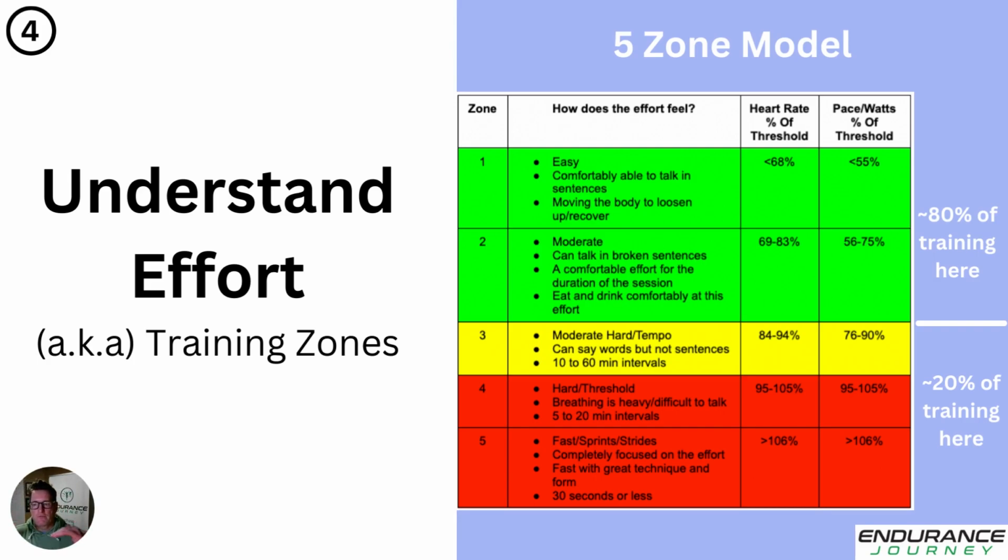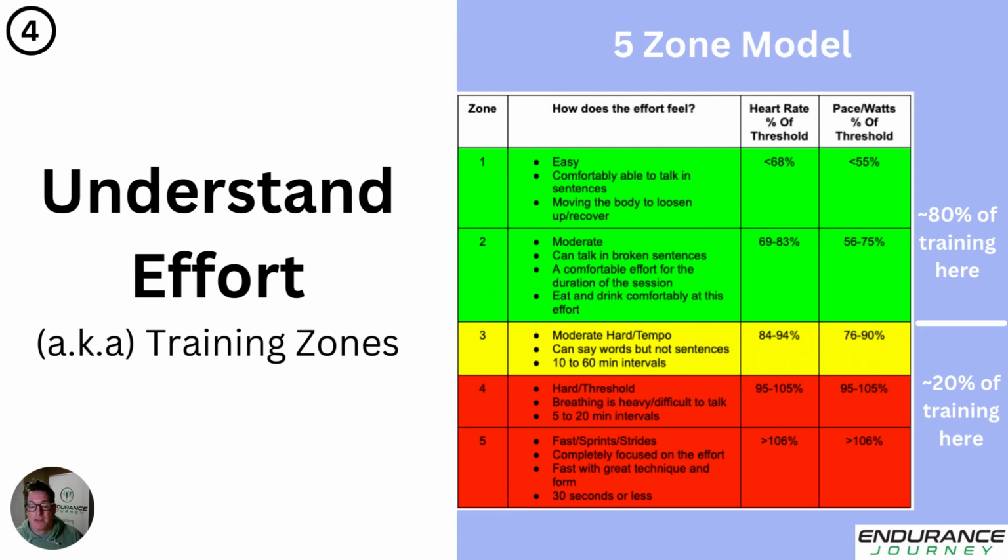And this is where we're developing our fitness level, our strength and resilience in our body to hold a pace that's right around our threshold effort. And threshold, for example, would be like a 3 or 5K pace or best effort in a run, or 30 minutes to an hour best effort on a bike would be like a threshold type of effort.